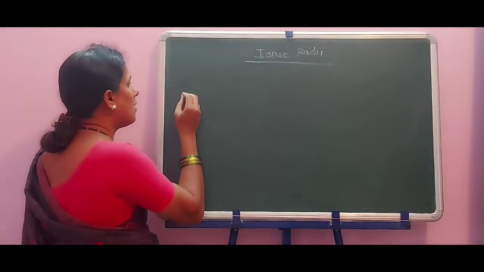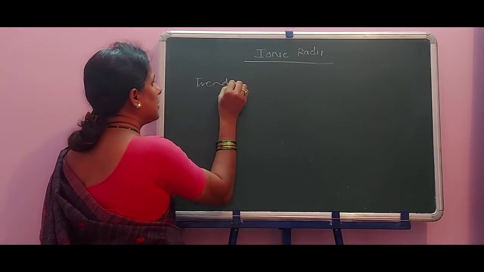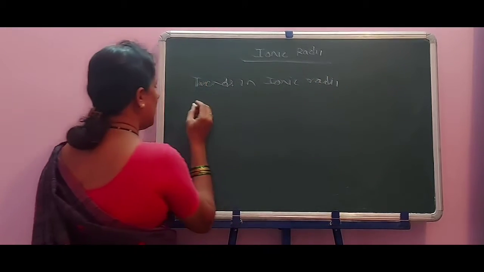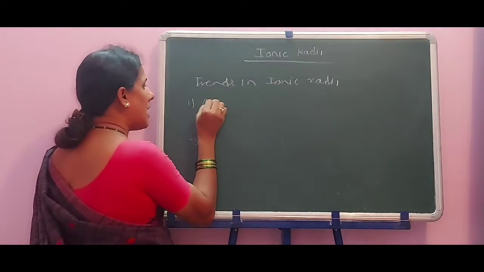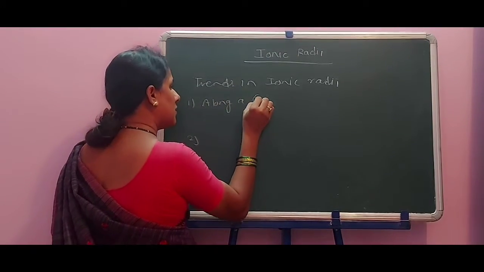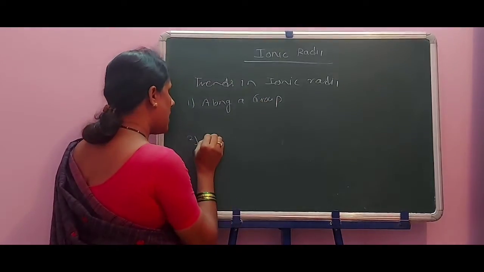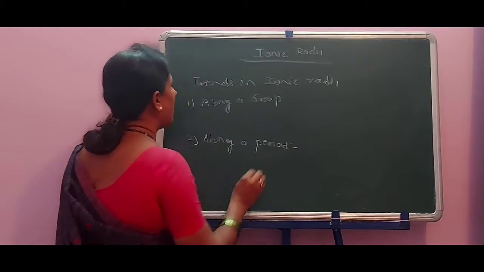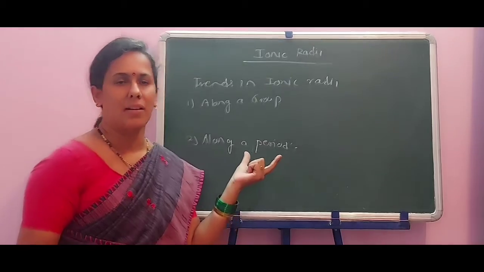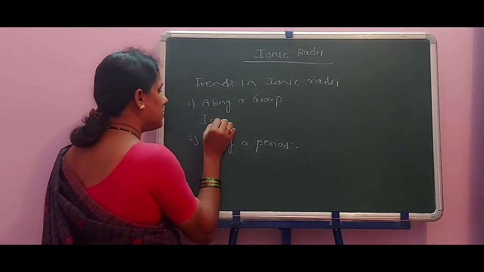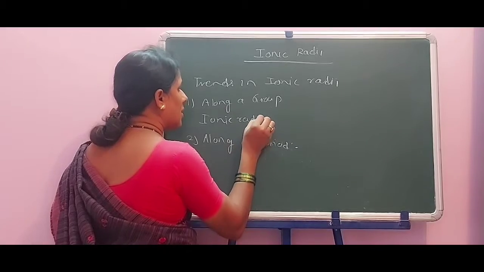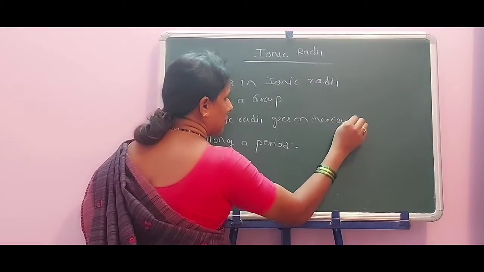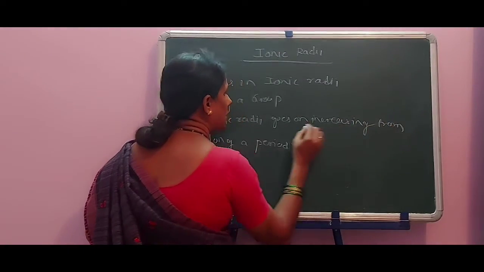Now we will discuss the trends in ionic radii. In trends, there are two points. First one is along a group, and second one is along a period. As far as along a group is considered, ionic radii go on increasing from top to bottom.